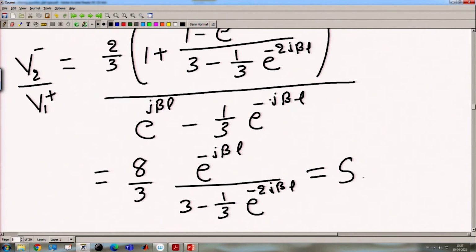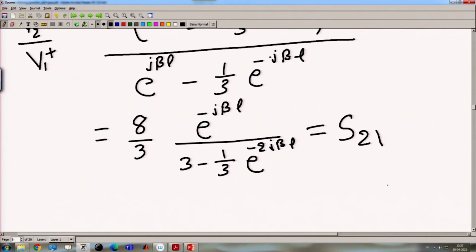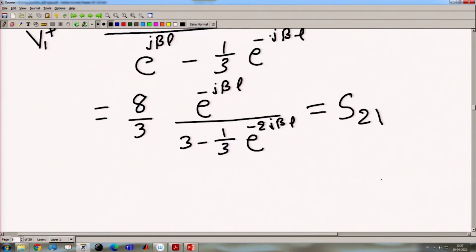So, this is S21, because this is symmetrical. So, S12 equals S21, and S21 will equal S12 also.